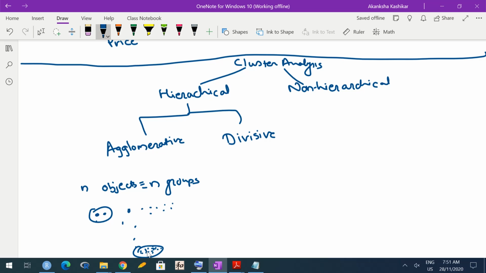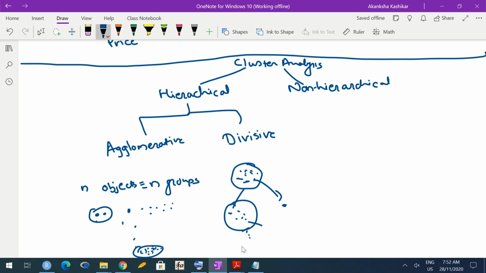Divisive hierarchical clustering works in exactly the opposite manner. You start with all the n observations in one group. Then you locate the one which is most dissimilar, and you throw it away. So you have a group of n minus 1 here and this one is separate. Then among these n minus 1 you locate the most dissimilar one and throw it away, and so on.